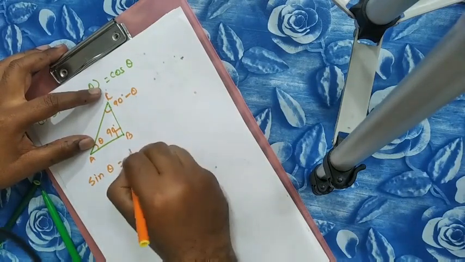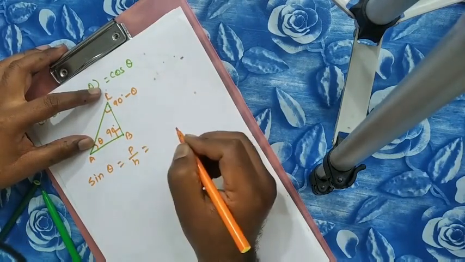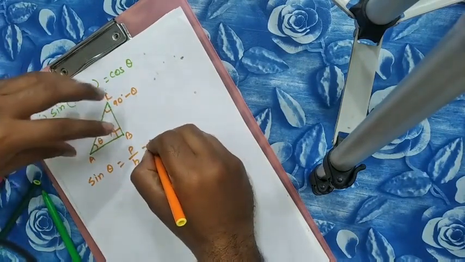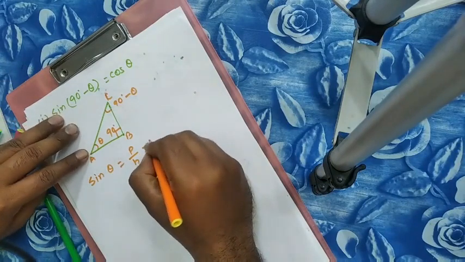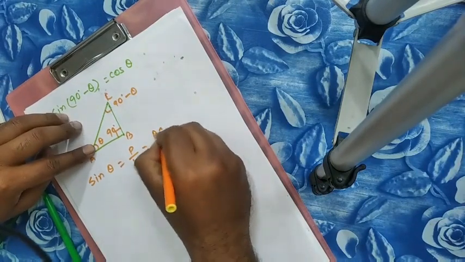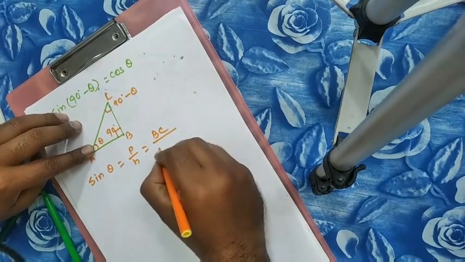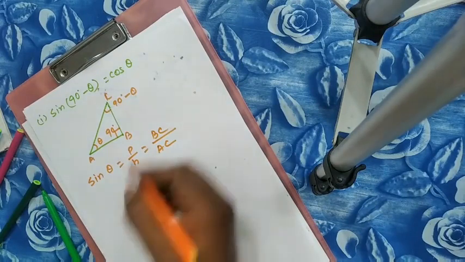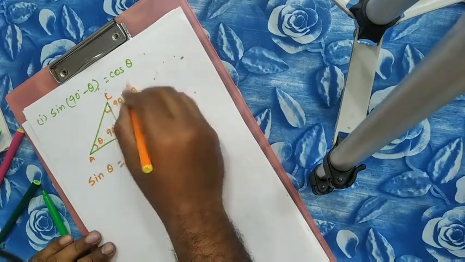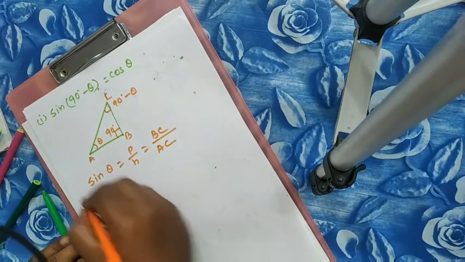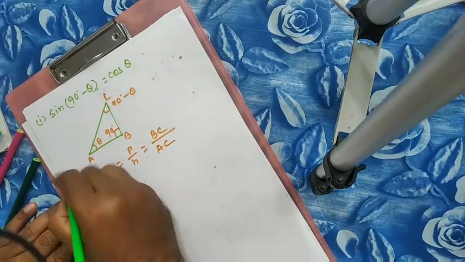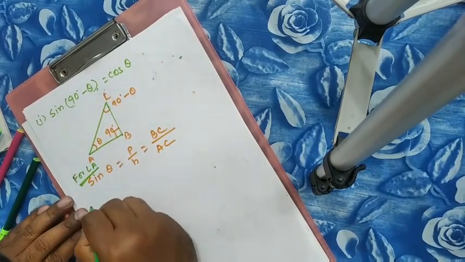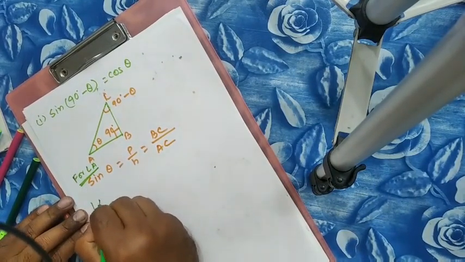So sin theta means perpendicular upon hypotenuse, where the perpendicular is BC for angle theta or angle A. So the perpendicular is BC and the hypotenuse is AC.